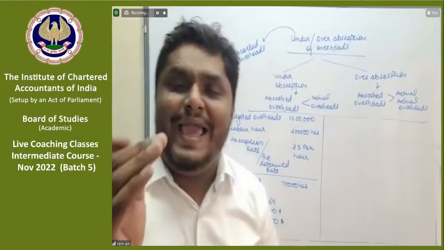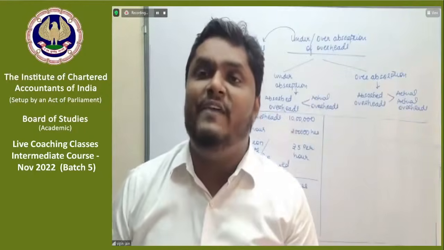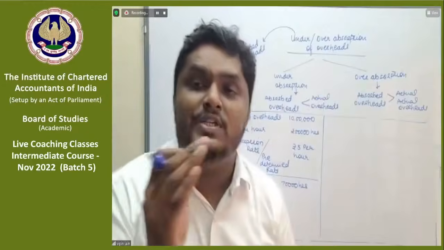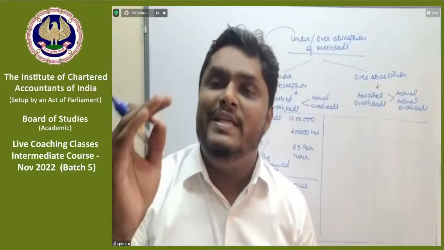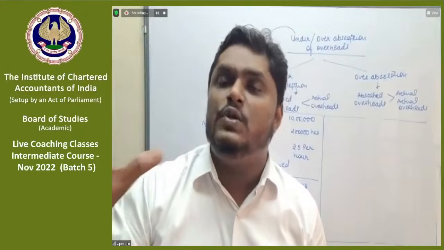So first we will calculate the absorbed overhead. Here we have the rate, that is rupees 5 per hour. How much will my absorbed overhead be? Very simple, since we have worked for 70,000 hours and our absorption rate is rupees 5 per hour.